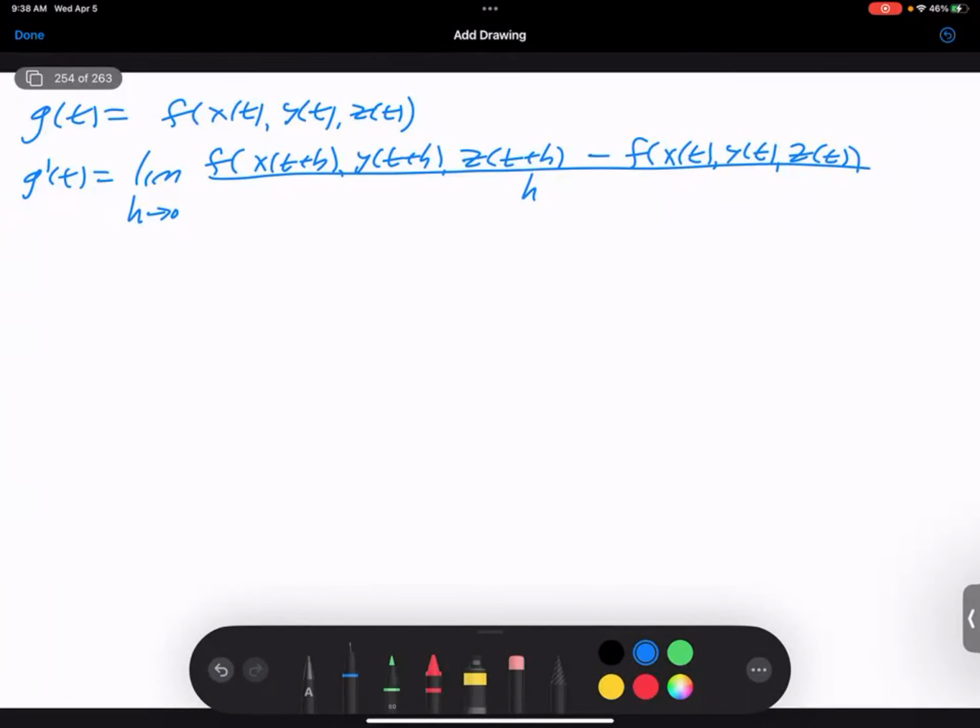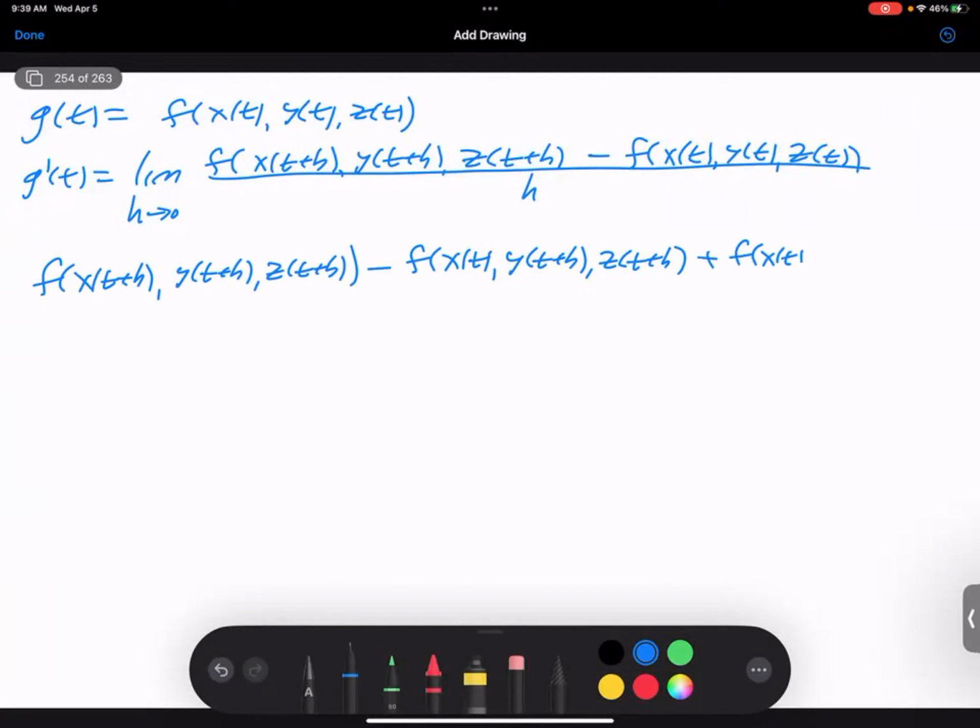So we can look at f of x of t plus h, y of t plus h, z of t plus h, and then let's subtract off f of x of t, y of t plus h, z of t plus h, and then we have to add it back, f of x of t, y of t plus h, z of t plus h, dot, dot, dot, over h.